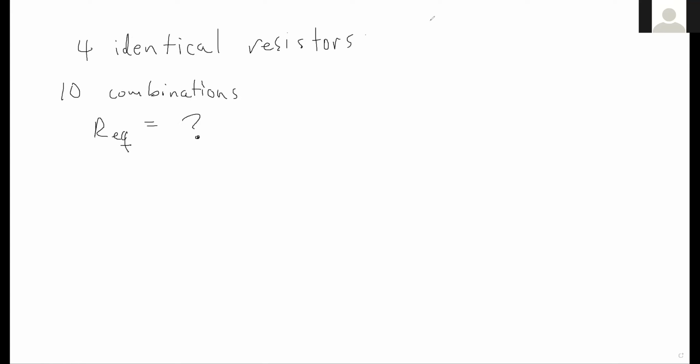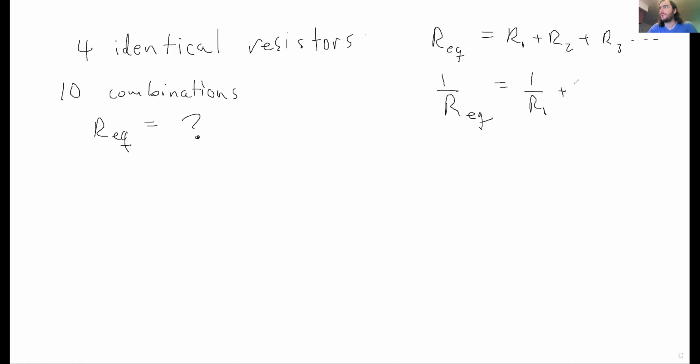You just remember that for resistors in series, we have R1 plus R2 plus R3 and so forth. Oh, yes. And then for resistors in parallel, we sum the reciprocals, 1 over R1 plus 1 over R2 plus and so on. Exactly. The idea is to get some practice with circuits which have multiple of these combinations. The easiest one that I gave at the beginning was 4 in series.